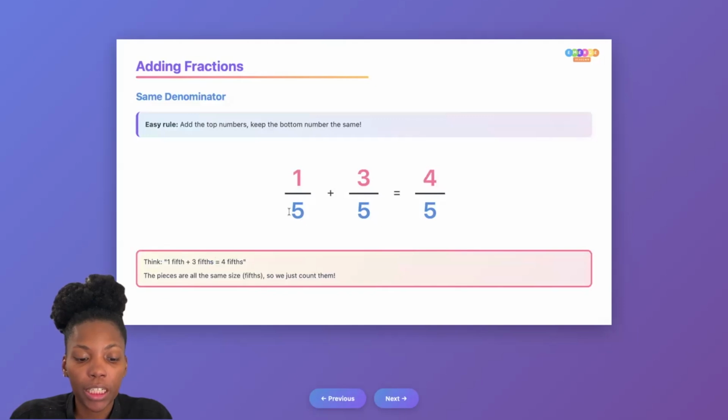Our denominators for these two fractions are the same, so we don't need to change it. We can just keep it the same. And then all we have to do is add these two together. So think of it as 1/5 plus 3/5 equals 4/5. The pieces are all the same size, split into fifths. So we just count them.